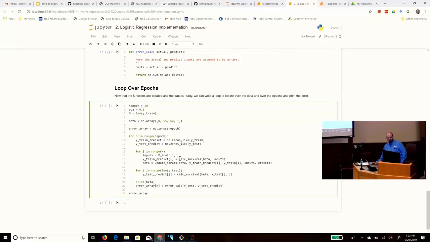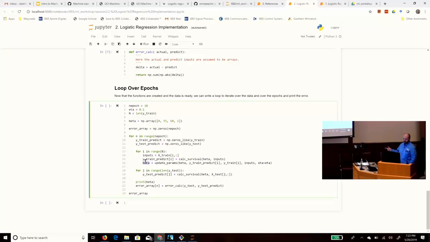Then it's going to use our calculate function to make a prediction for that particular row. What's our predicted outcome? Survival or not? And then the third one, you're running your update parameters function to update your betas based on your prediction.